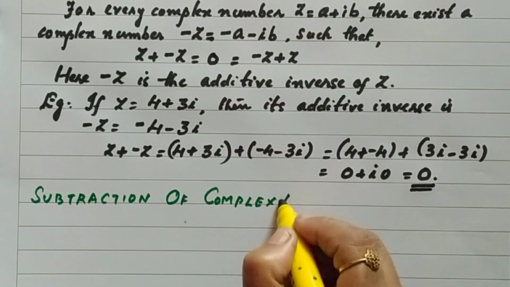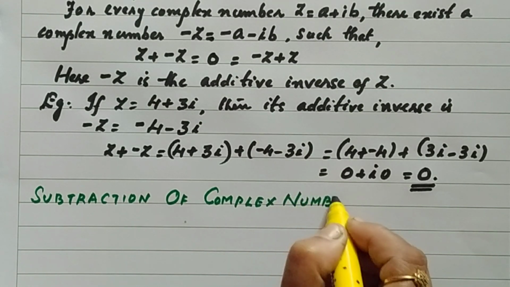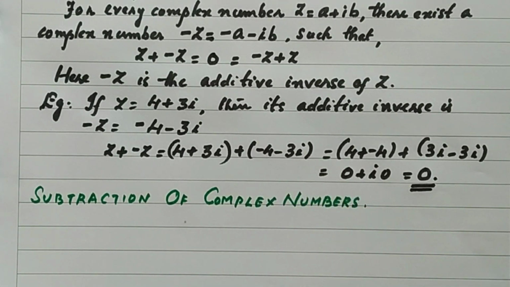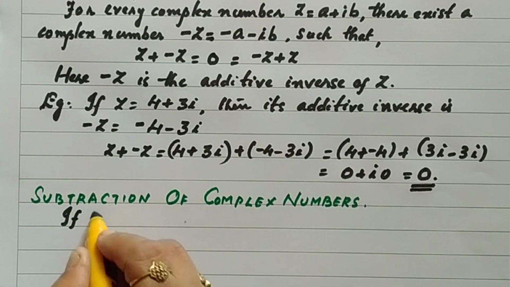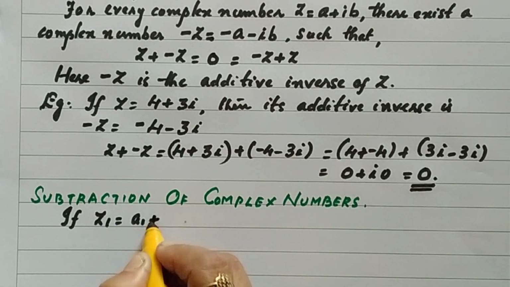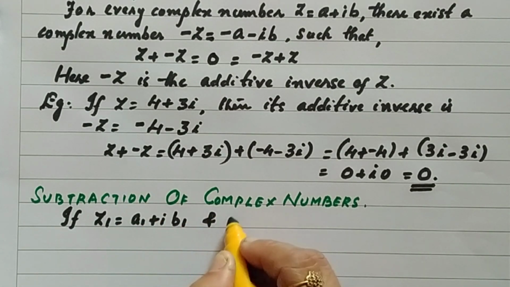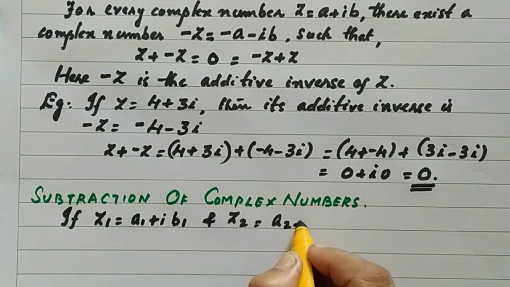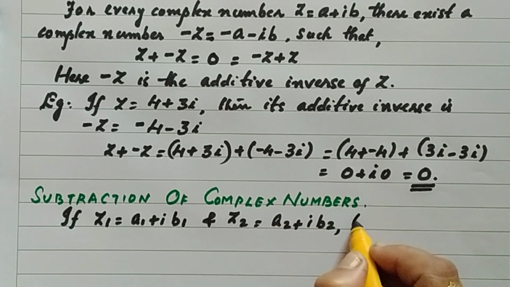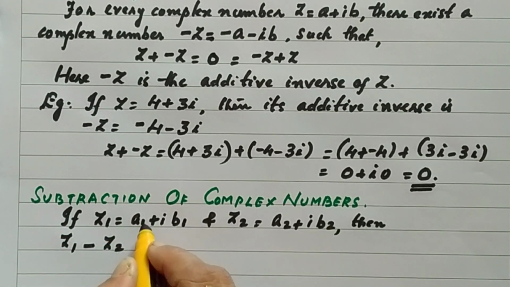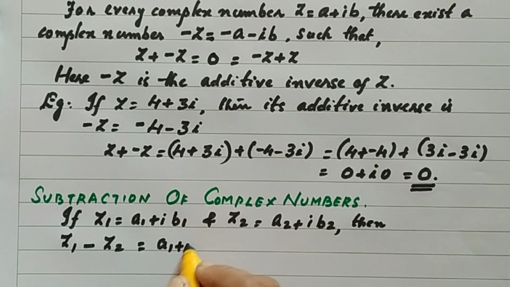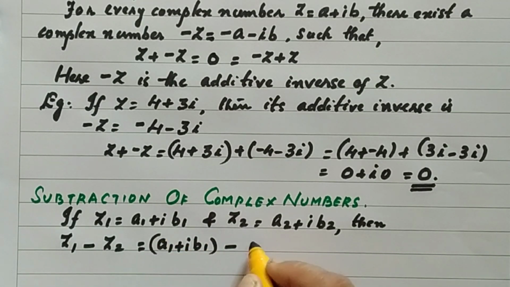Just like the subtraction of real numbers, complex numbers also can be subtracted. Suppose that I am going to take two complex numbers. If z1 equals a1 plus i b1 and z2 equals a2 plus i b2, then z1 minus z2 equals a1 plus i b1 minus of a2 plus i b2.